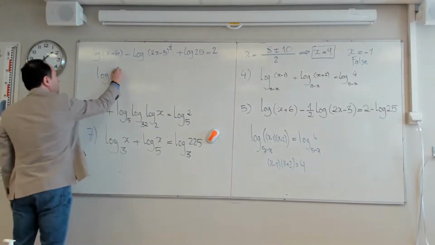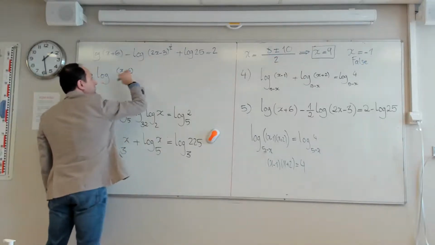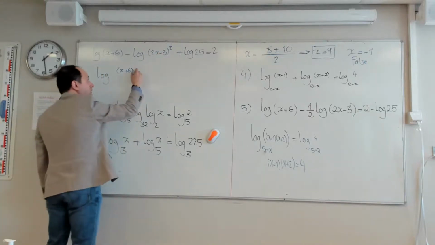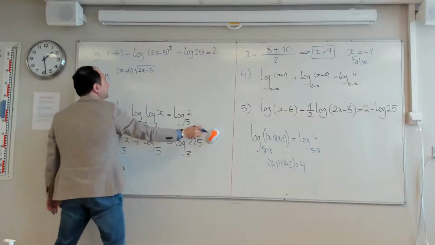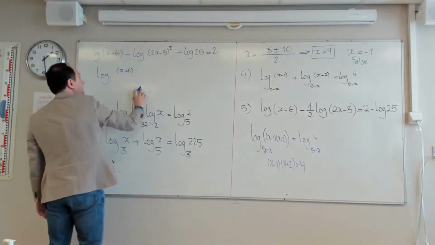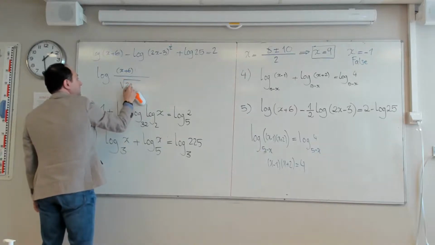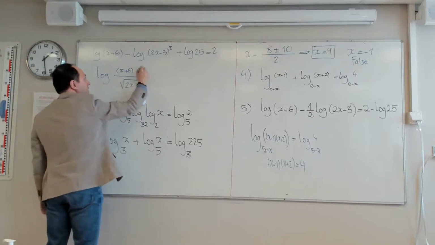I can write the log of x plus 6. Do I have a better name for this guy? Square root of. Instead of putting 1 over 2 up on top, let me write the square root of 2x minus 3. Oh, sorry, this should go to the denominator. And then what is left in the numerator is still a 25.